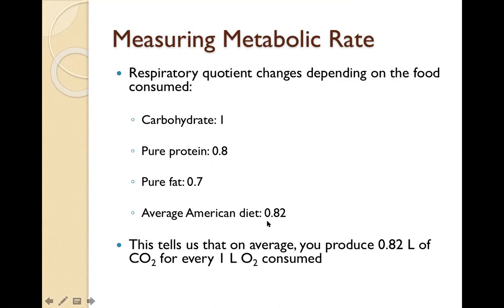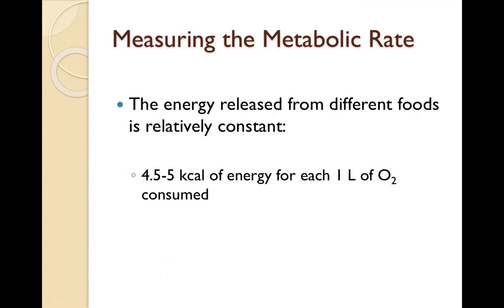But what this tells us is that on average, you'll produce 0.82 liters of carbon dioxide for every 1 liter of oxygen that's consumed. That's all that's telling you. And again, it's going to come back to surprise you in the respiratory section.